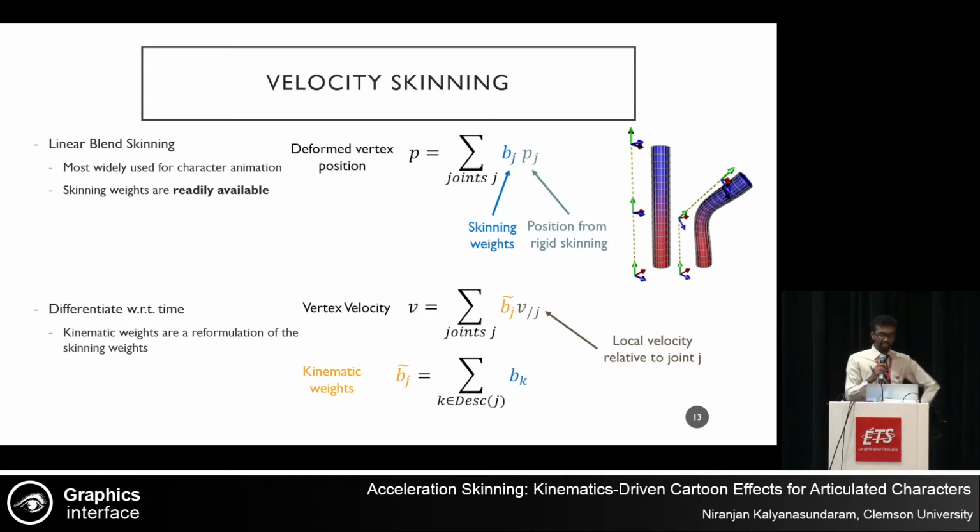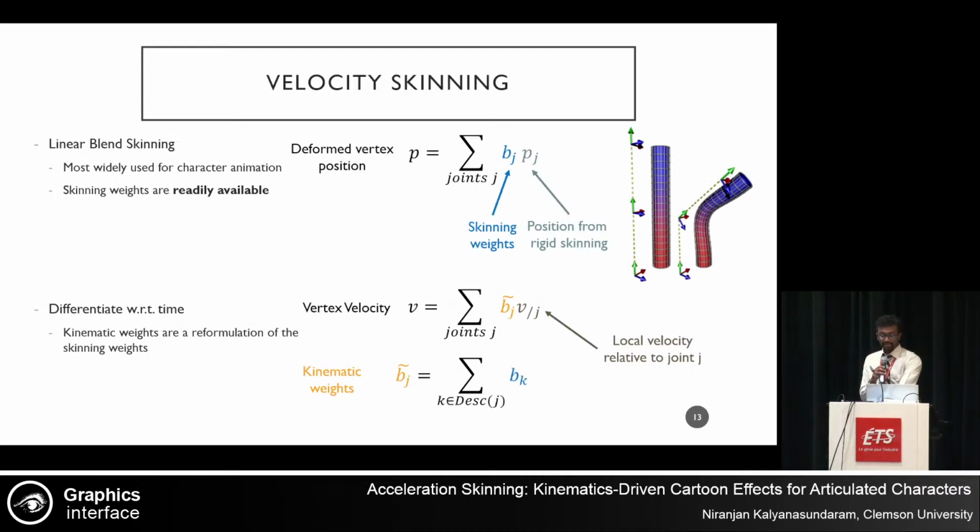These weights are just a very mathematical reformulation of what's happening with the skinning weights. The intuition behind it is: if I'm moving a certain joint, like my shoulder, how does that affect other joints down the hierarchy? How does that affect my elbow? My wrist? My fingers? The kinematic weights are just a mechanism of keeping track of all of these things.